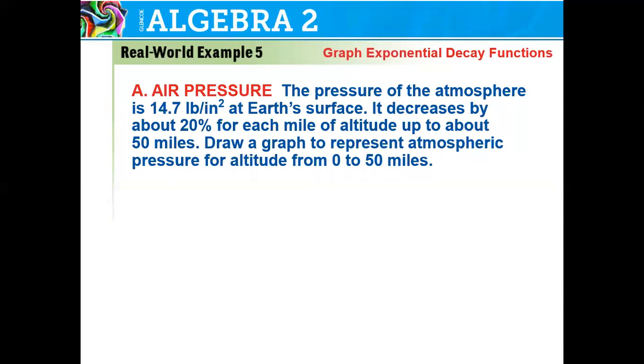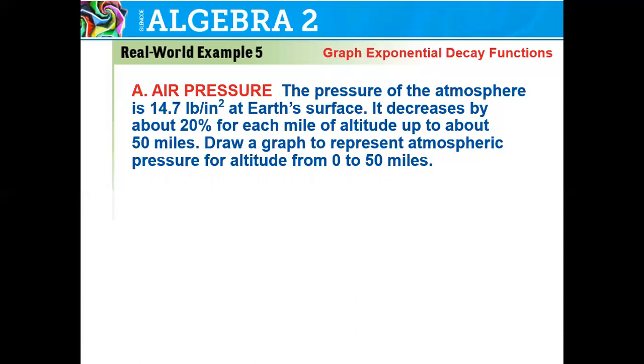Similar to the exponential growth function, the exponential decay function can also be used in real world problems. Again, whenever we have this kind of problem, we need to model the exponential decay function. The pressure of the atmosphere is 14.7 at Earth's surface. It decreases by about 20% for each mile of altitude up to about 50 miles.